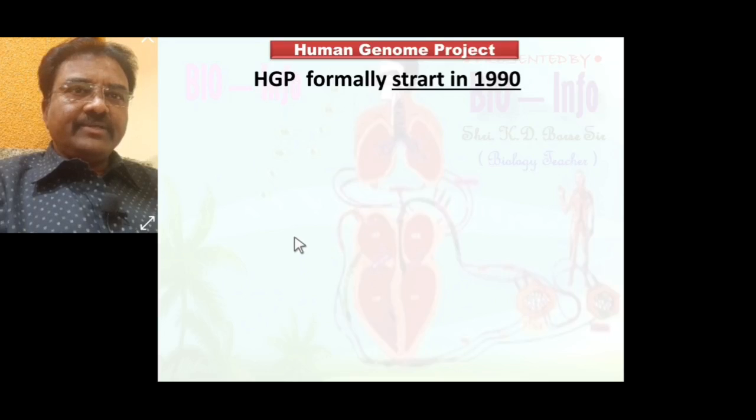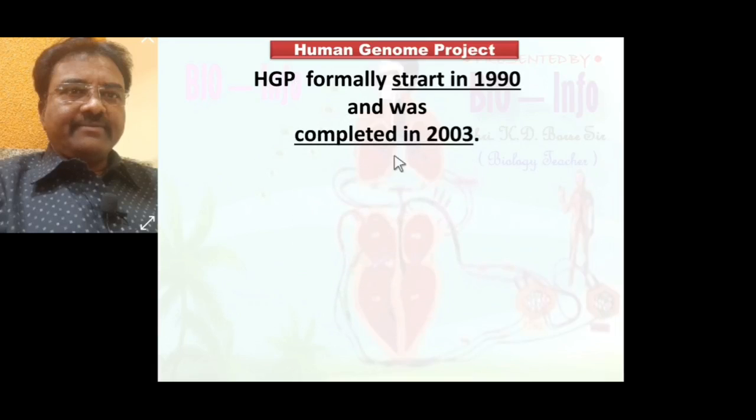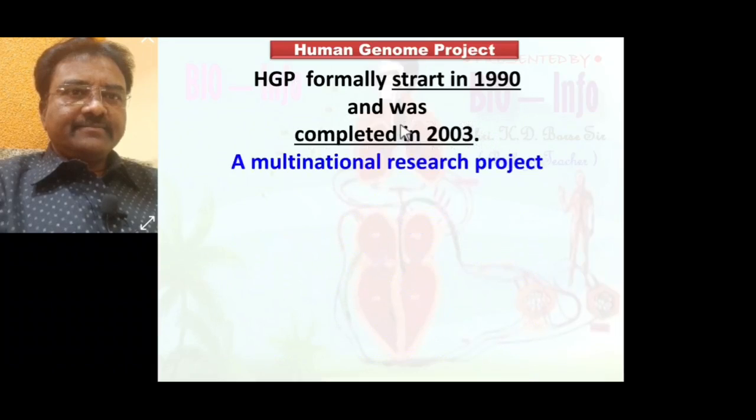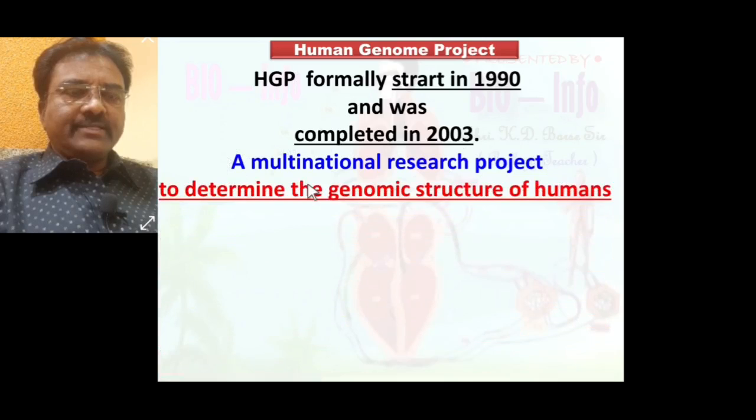HGP formally started in 1990 and was completed in 2003. It is a multinational research project because it involves a number of countries to determine the genomic structure of humans.